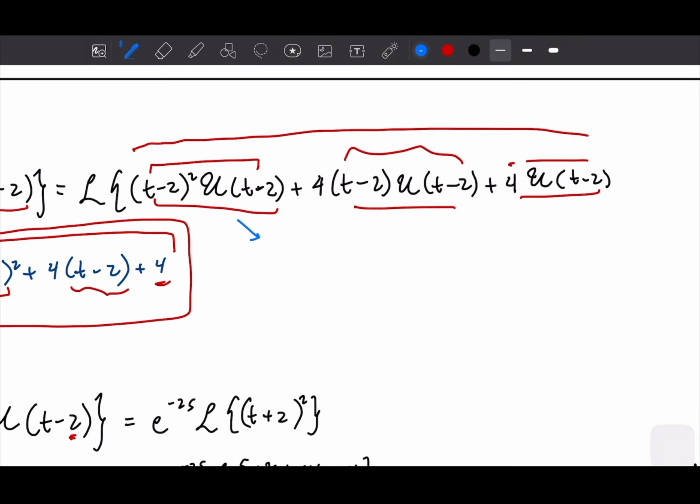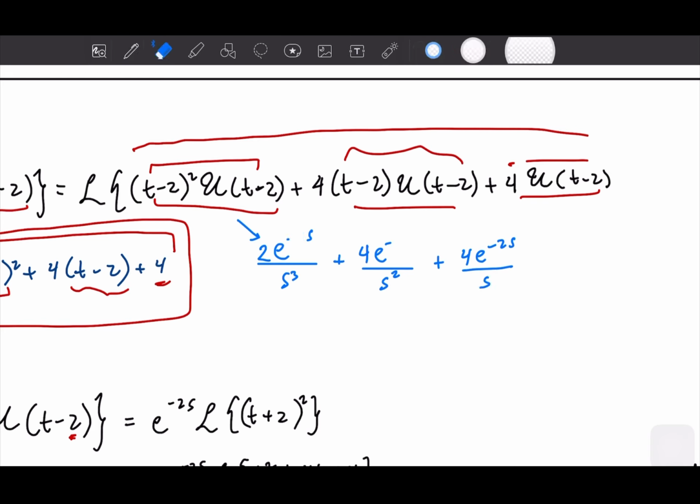So this part becomes 2e negative as divided by, since it's squared, this will be cubed, and this will be 4e negative as, and since it's Heaviside t minus 2, it's linear, and this will be s squared, right? And the last one is this Heaviside. The Heaviside is just 1 over s, so we could write 4e negative 2s over s. Oh, I forgot to write it, it should be 2.